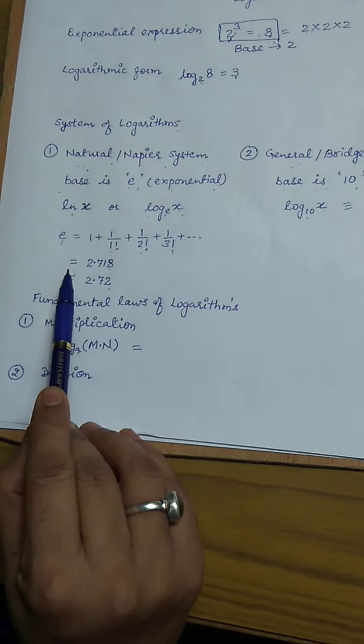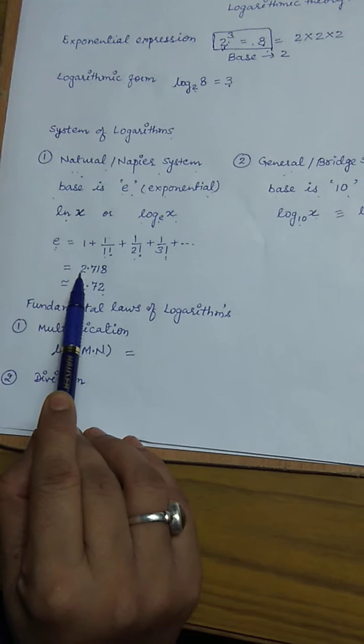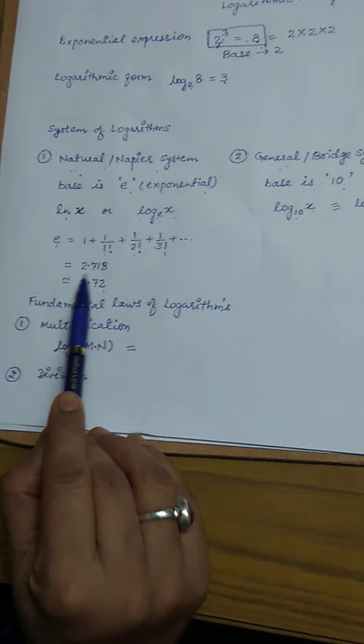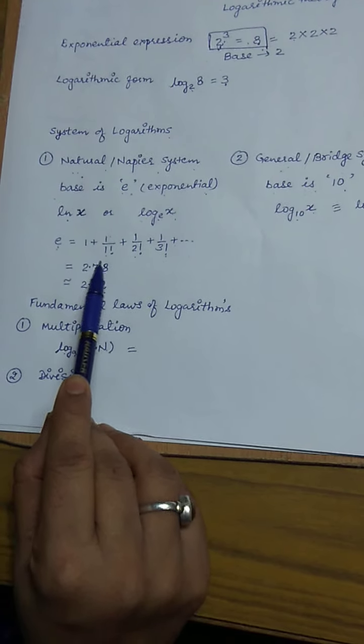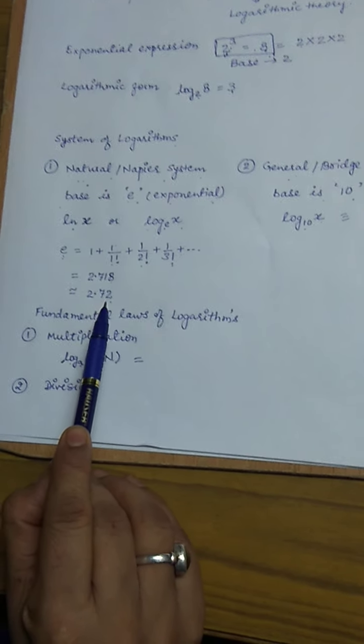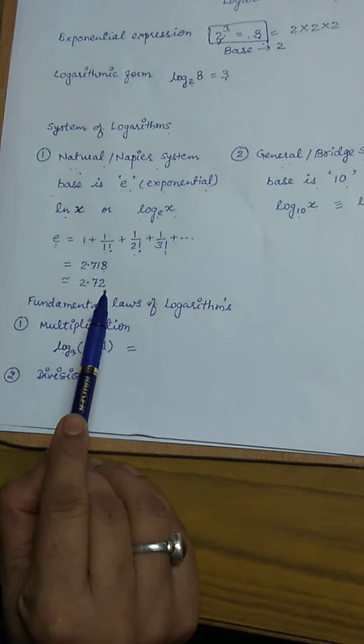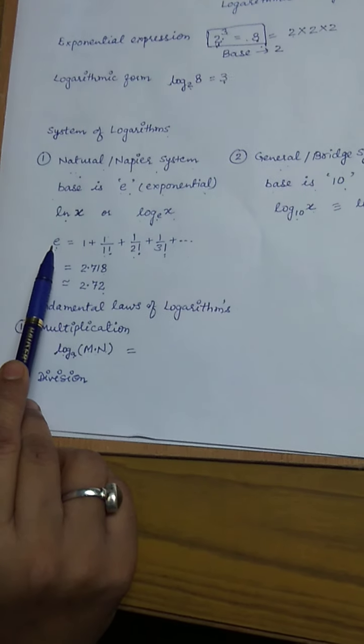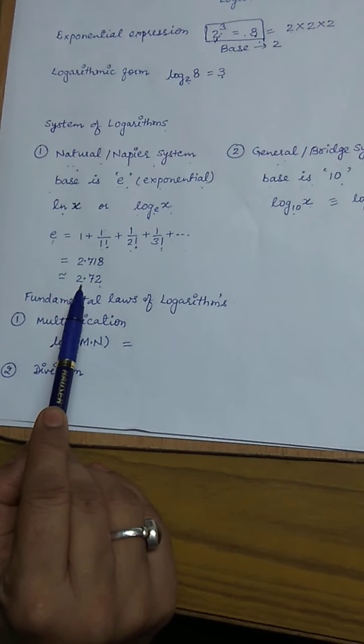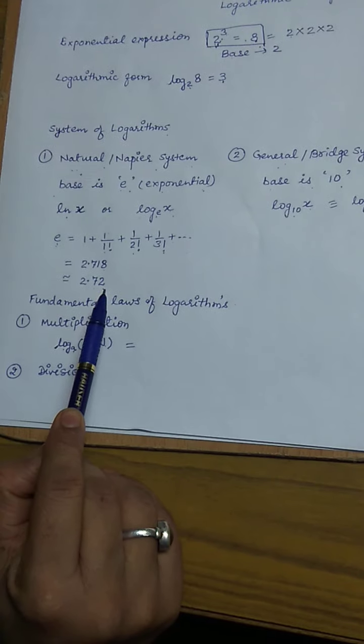This gives a value of 2.718, and approximately it can be rounded off to 2.72. So the value of e is 2.72.